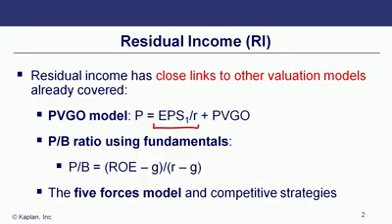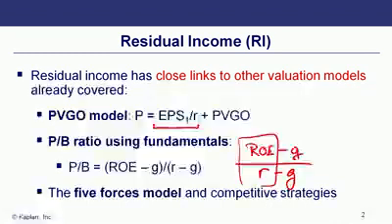We also saw this in price to book, where in previous classes we wrote ROE minus g over required rate of return minus g. Notice the fraction is the return on equity, what I'm earning from this investment, over the required rate of return on equity. What is a fair return on this? In these types of fractions, I want the result to be greater than 1.